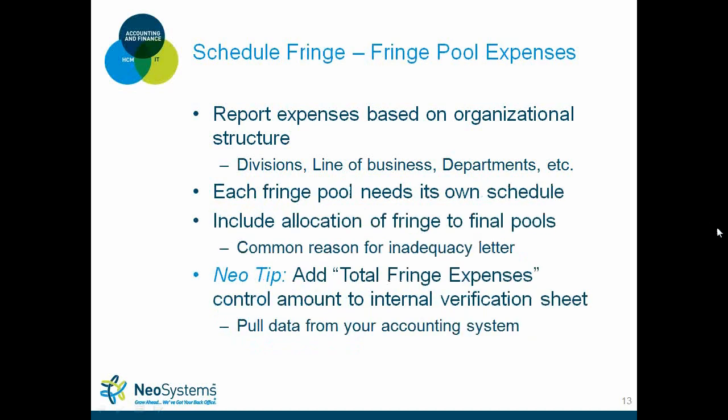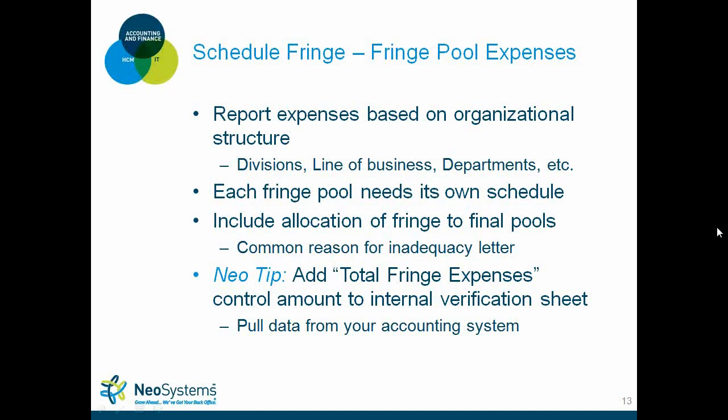Fringe pool, first bullet, same thing. Have it based on your organizational structure. If you have different fringe pools, have it in its own schedule. One thing that is commonly now picked up by DCAA is to have the actual allocation of the fringe to final pools, meaning have the percentages, meaning have the amounts right below the GL amounts, and have this allocation shown in the schedule.